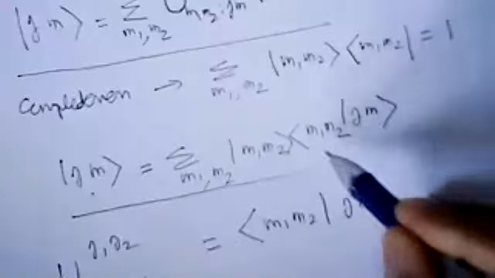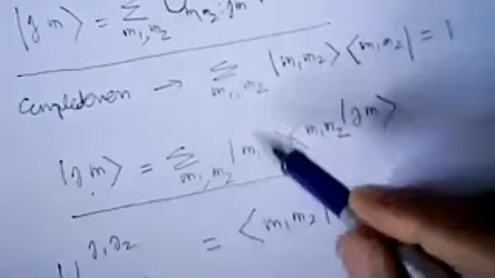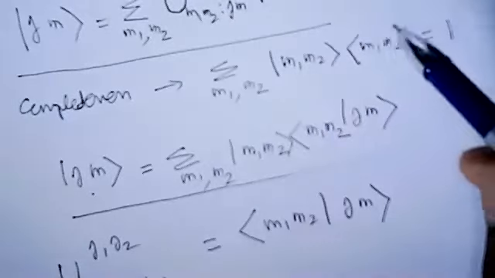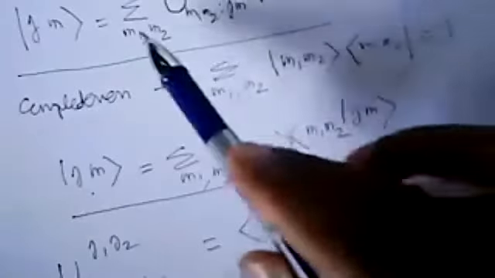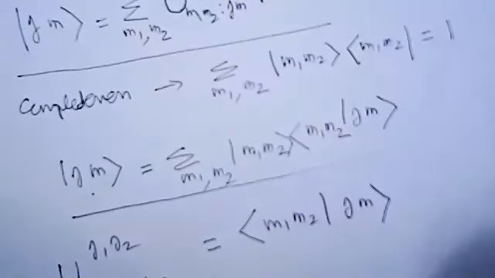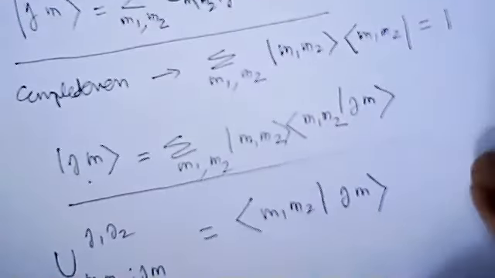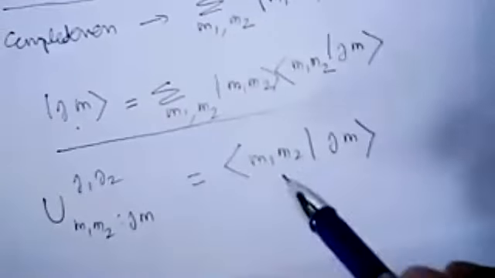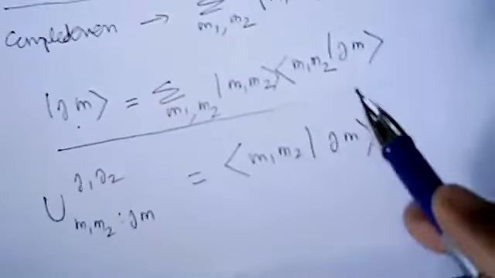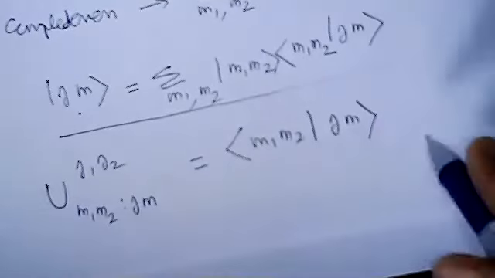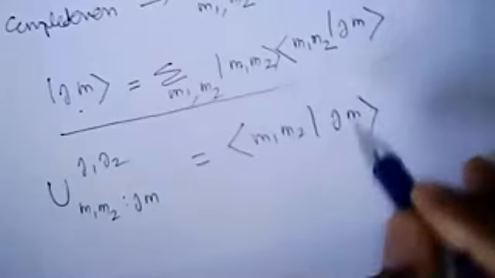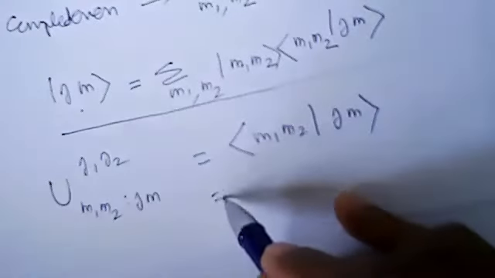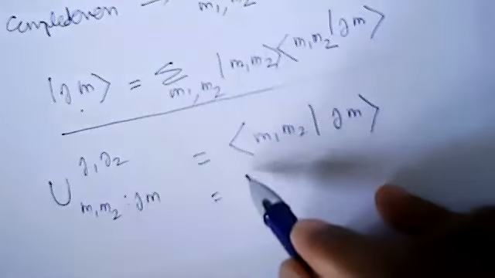This is the U. Sorry, these two quantities are the same. Summation is the same. So U is this quantity. It is just like a scalar product of different states, or that is a matrix.